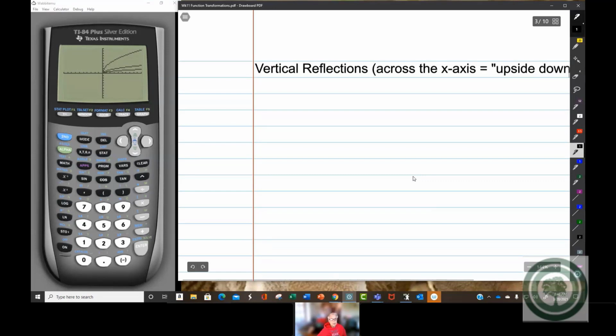So you're going to love the verticals and hate the horizontals. But let's get to the last vertical we're going to talk about.